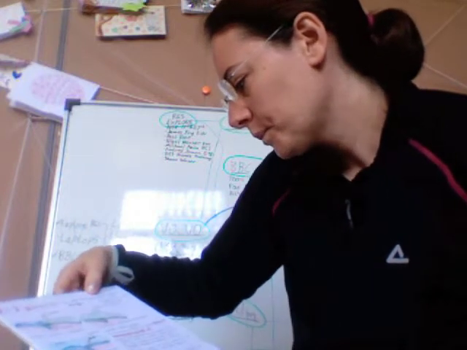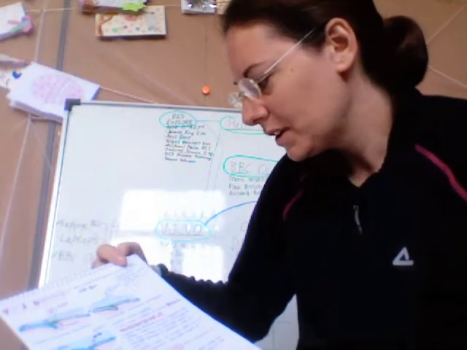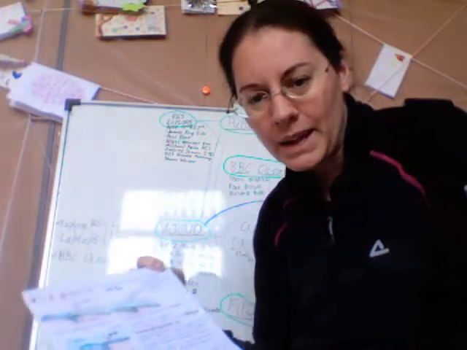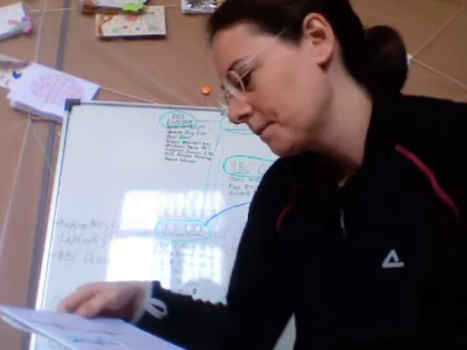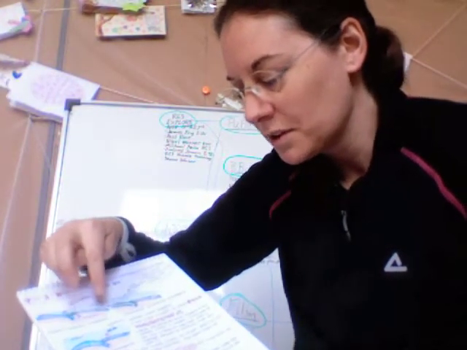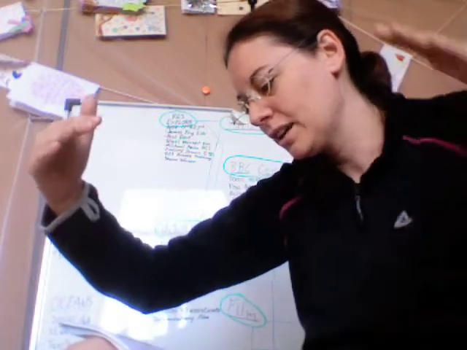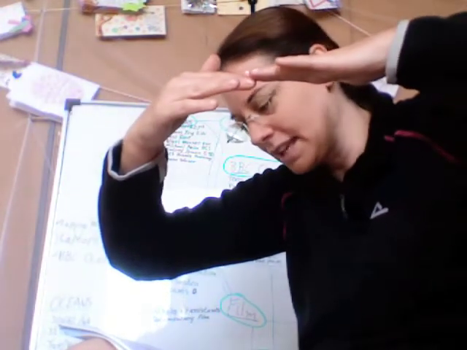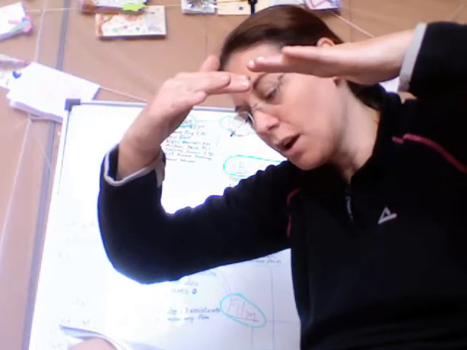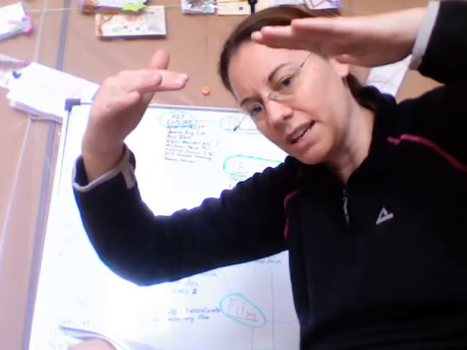Okay. We call this destructive because it means that one of the plates gets broken. This can be an oceanic and a continental convergence, so an oceanic plate and a continental plate coming together, or a continental plate and a continental plate, or an oceanic and an oceanic convergence.